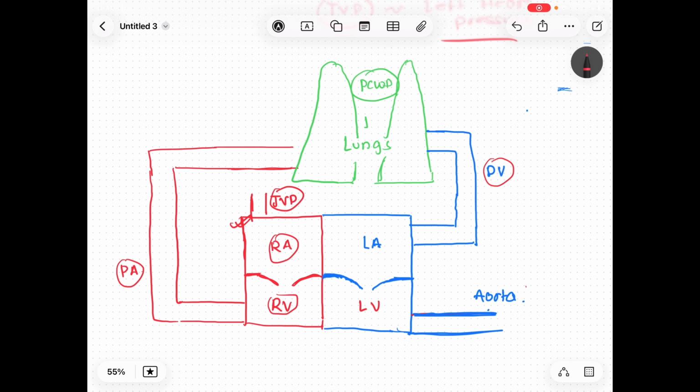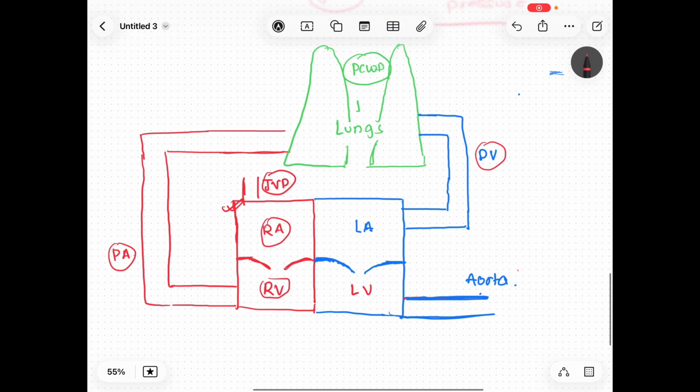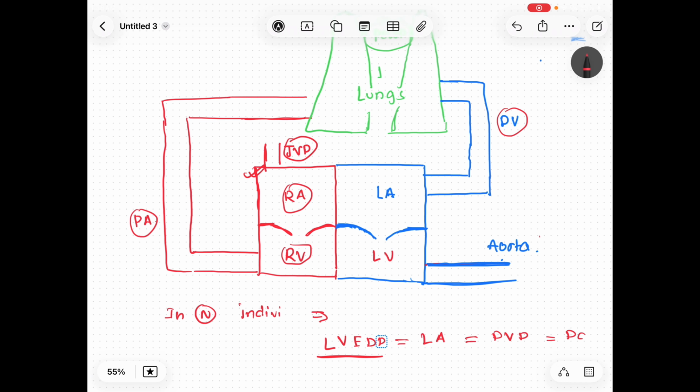Similarly, the aorta originates from the left ventricle. In a normal individual, left ventricular end-diastolic pressure is equal to left atrial pressure, which is equal to pulmonary vein pressure, which is equal to pulmonary capillary wedge pressure.